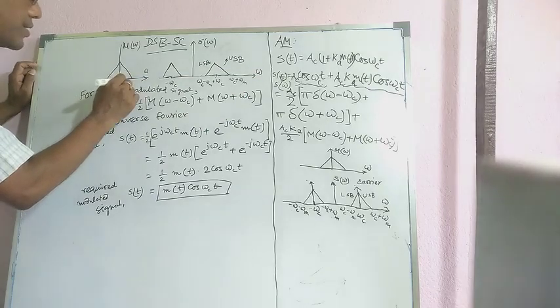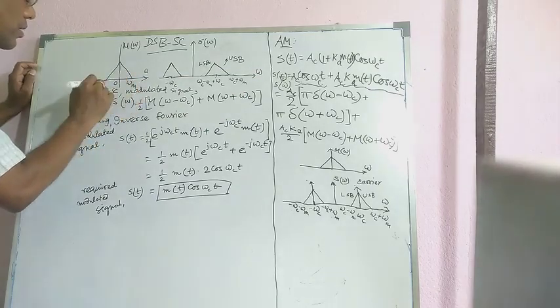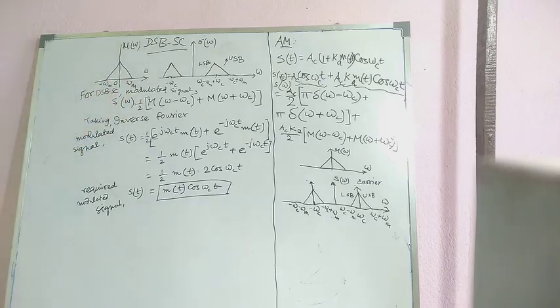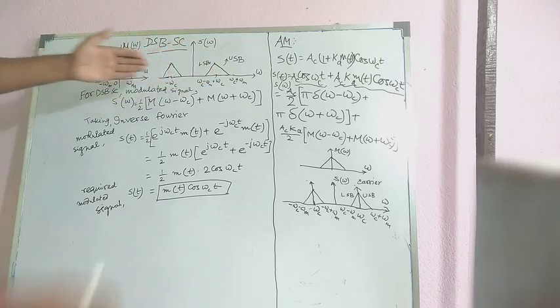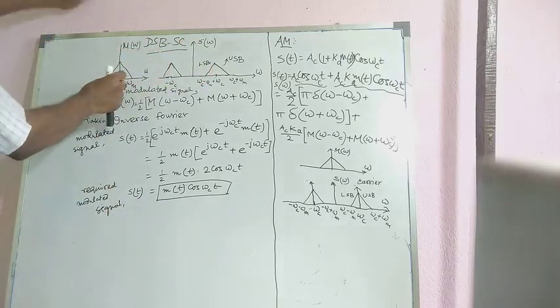This is 0, this is omega m, and this is minus omega m. This signal we want to send at some higher frequency, that means at the frequency of the carrier signal.